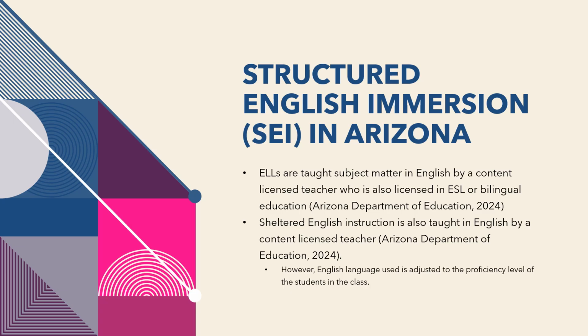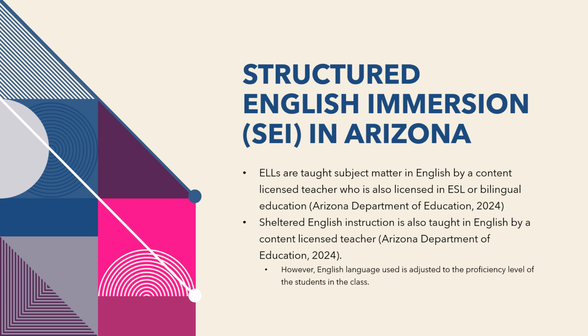However, the English language used is adjusted to the proficiency level of the students in the class for sheltered English instruction. This being said, sheltered English instruction might make the instruction easier to comprehend for some students whose proficiency levels are not as high.